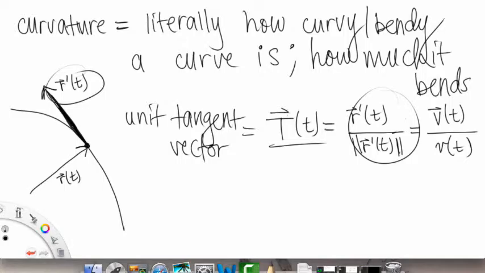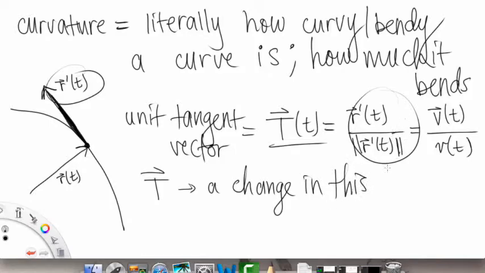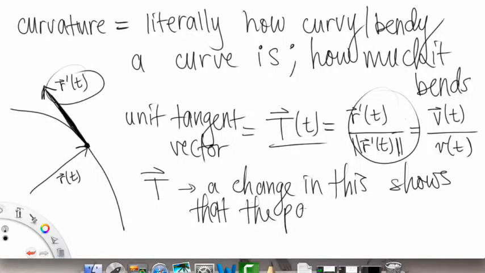Alright, so what this should tell us is that a change in the direction of capital T, our unit tangent vector, shows that the path is bending, okay?